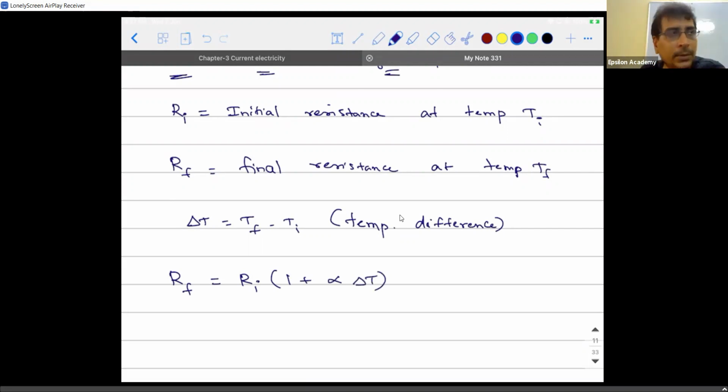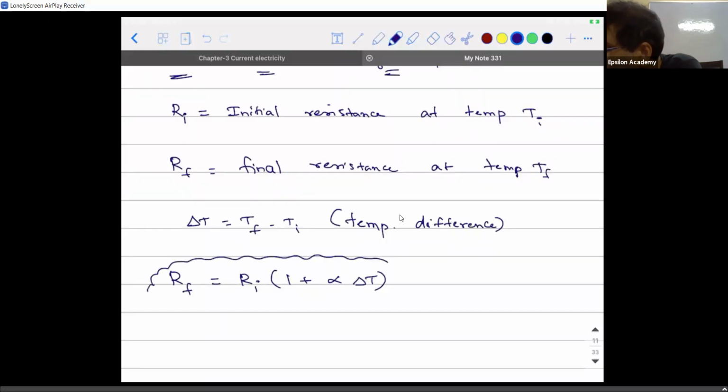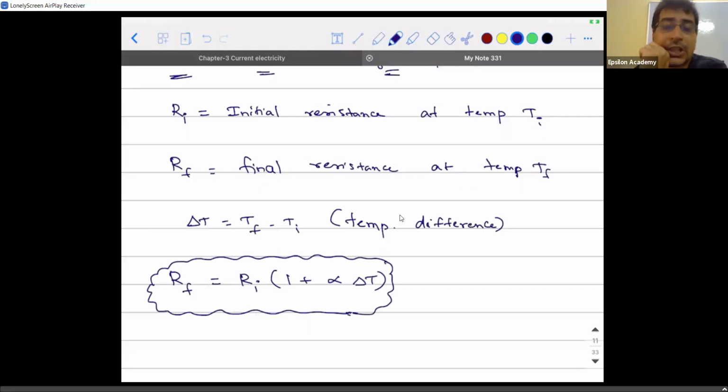If you have learned thermal properties of matter last year, you can say that this expression is similar to an expression which you have learned last year: the change in length of a conductor as temperature increases.